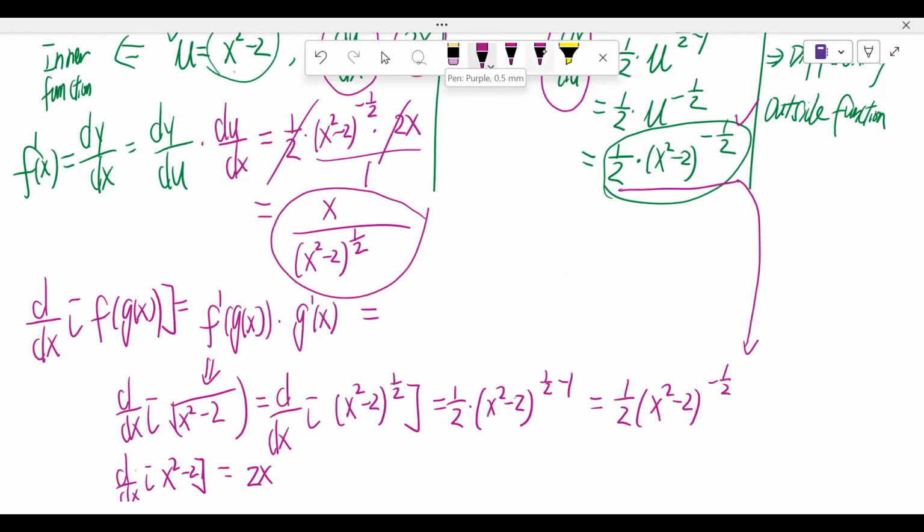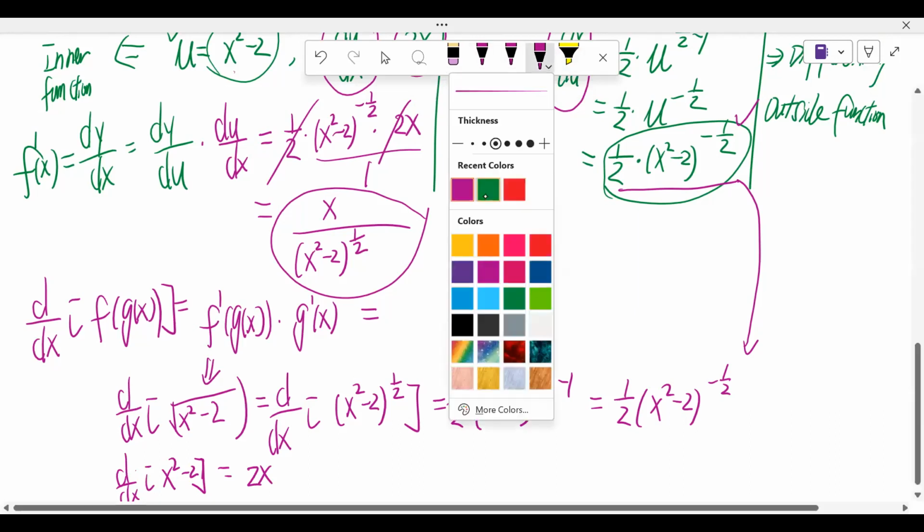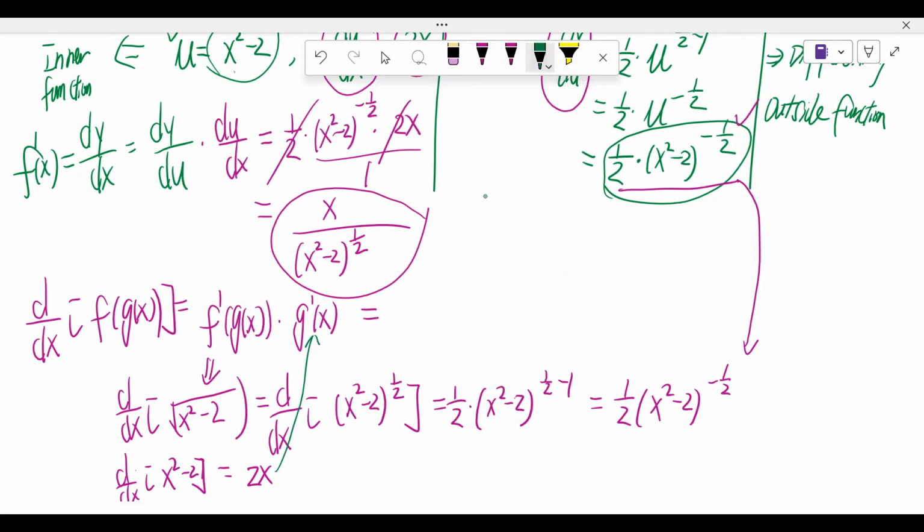So basically we get the result. So we bring together half times x squared minus 2 to the negative half times 2x. That's exactly what we have here. We simplify and end up with the same result, x over x squared minus 2 to the half.